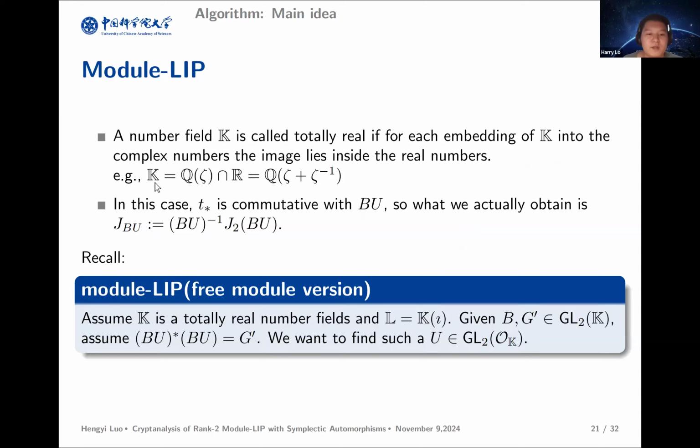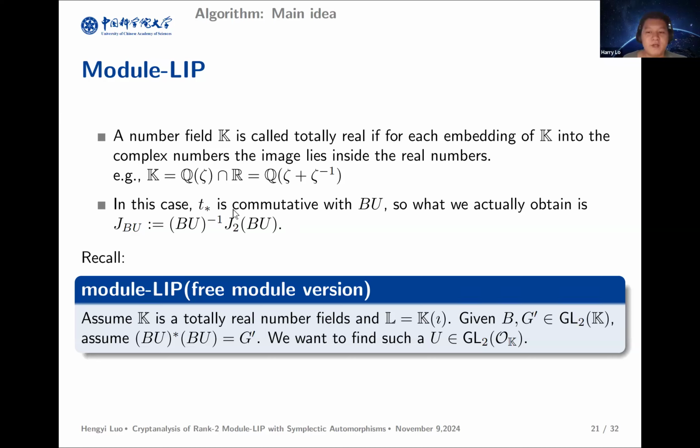For example, K equals some cyclotomic field intersected with the real numbers. In this case, P star is commutative with BU. This means the lattice automorphism we obtained is transformed to J sub BU equals BU's inverse times J sub 2 times BU.